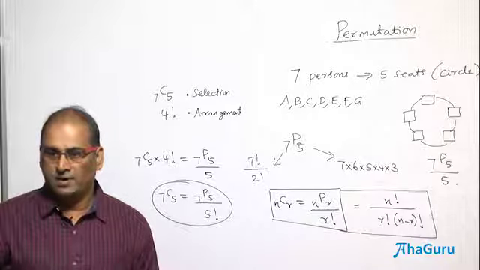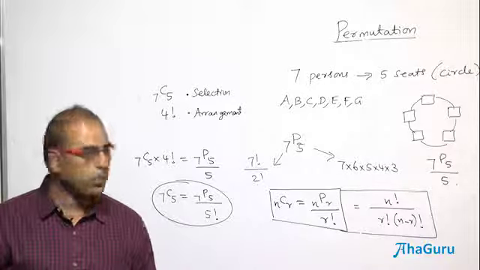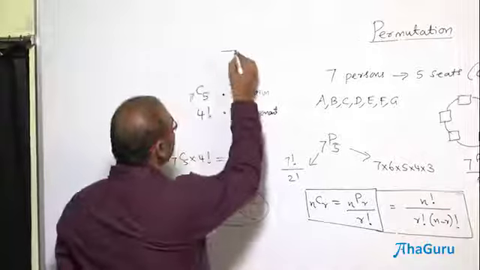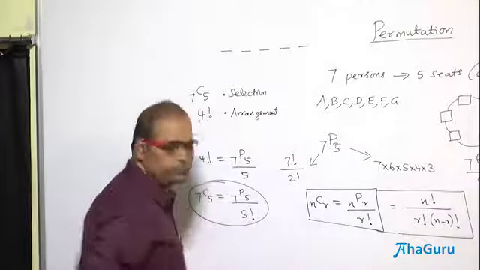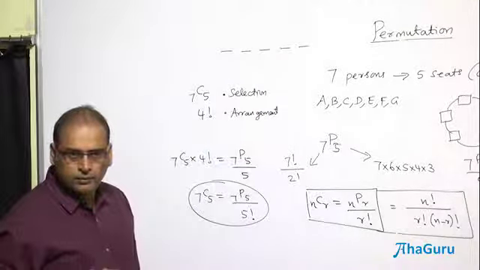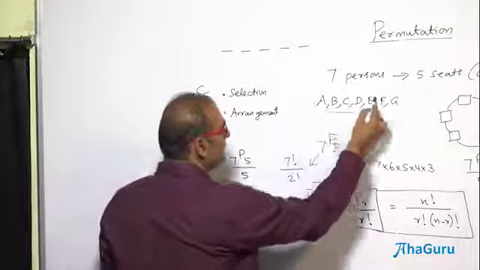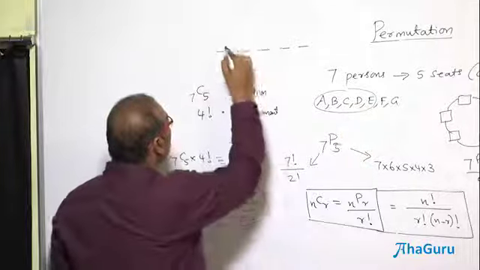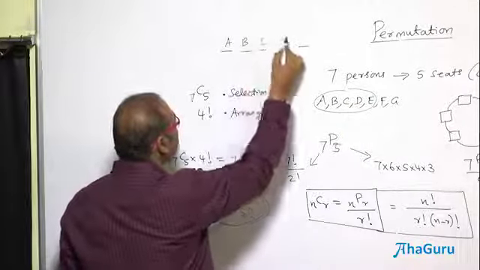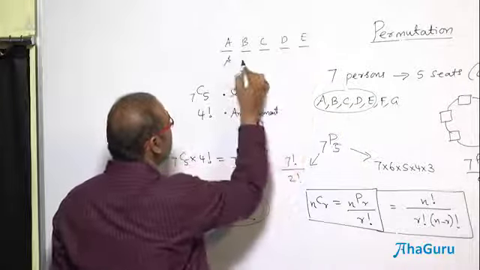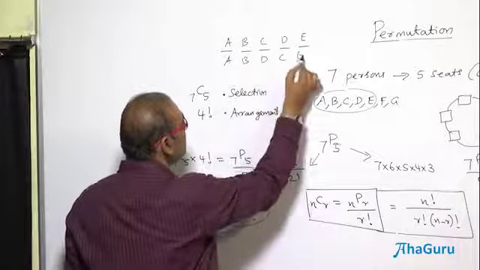Are you able to understand? Clear? You got 5 seats, correct? Clear? Now if you are going to select say A, B, C, D, E, you are going to write A, B, C, D, E and then A, B, D, C, E. Like that.